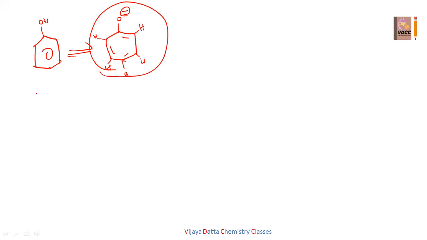So I'll write the structure here clearly. We want the double bond because here double bond shifting is there. So I'll take it like this, O minus, and here one active hydrogen I am considering. For the remaining ones I am not writing. This one will react with the carbene.